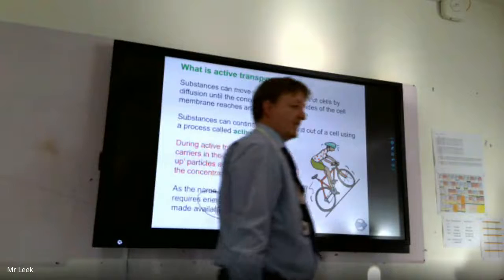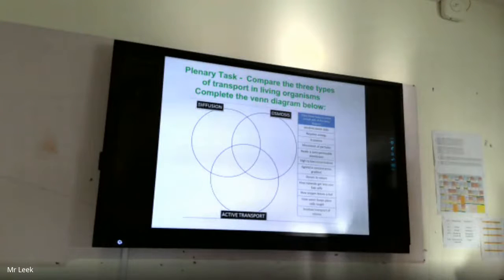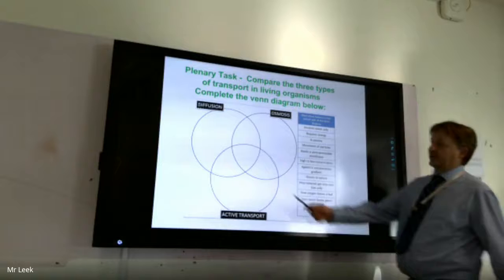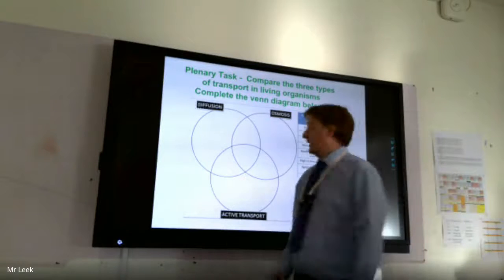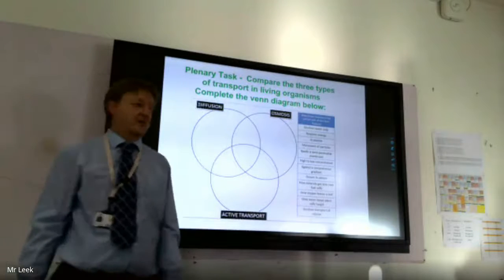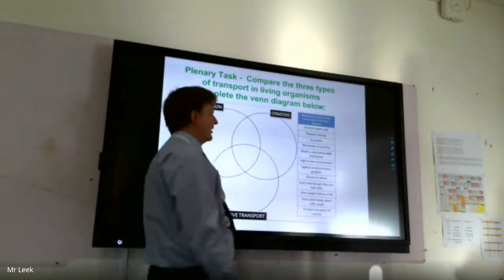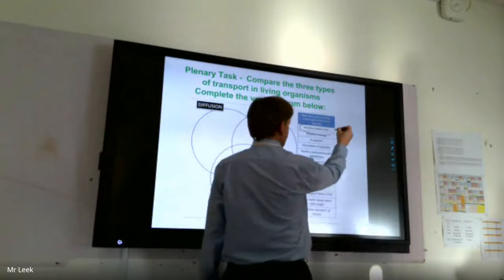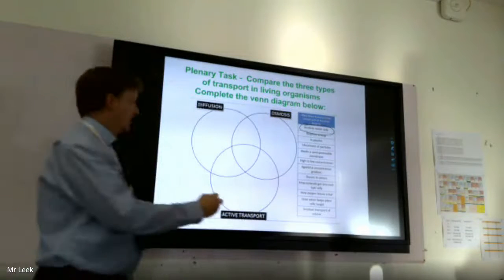Okay. Next little thing that we're going to do, it's going to be a little task that I want you to do. We've done diffusion, we've done osmosis, we've done active transport. Down this right-hand side, there are different things that need to go into each one of those individual circles. So, for example, if I circle that one there, it involves water only, it is osmosis.